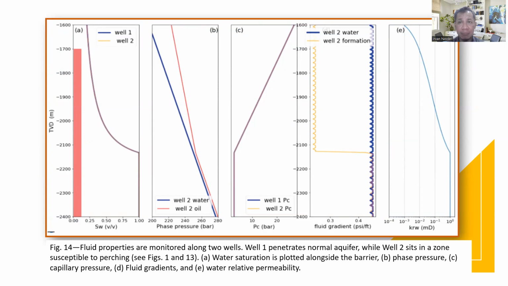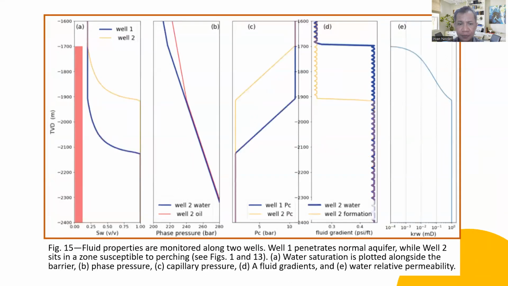The figures display water saturation, phase pressure, capillary pressure, fluid gradient, and also water relative permeability. The equation Pc equals the pressure of oil minus the pressure of water represents the calculation of capillary pressure, by subtracting the pressure of the water phase from the pressure of the oil phase.